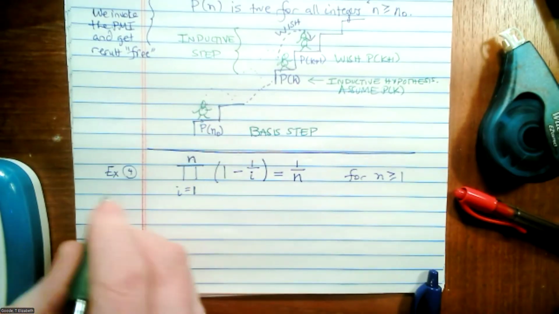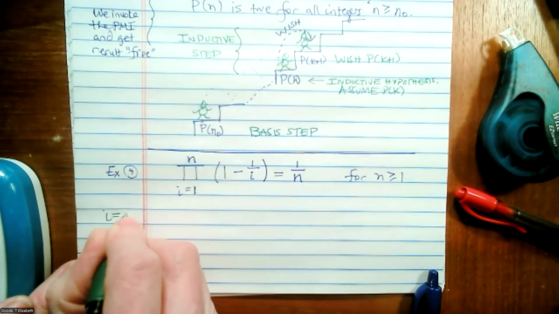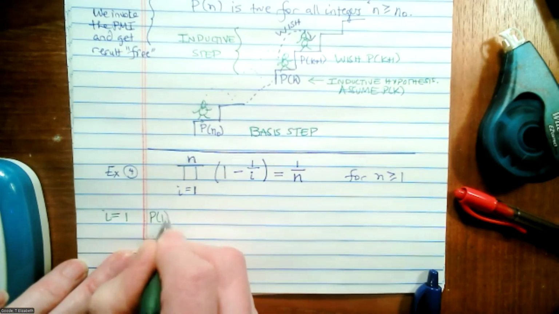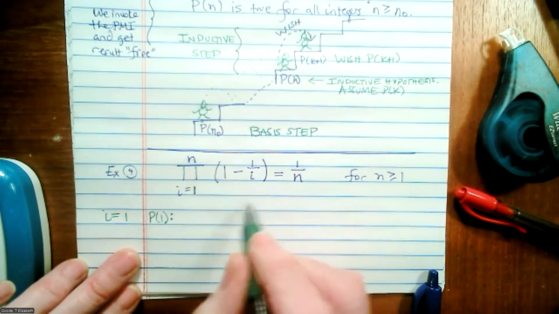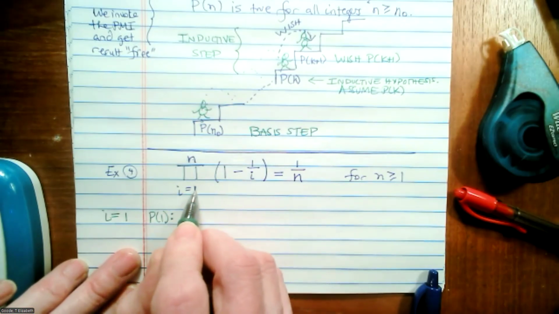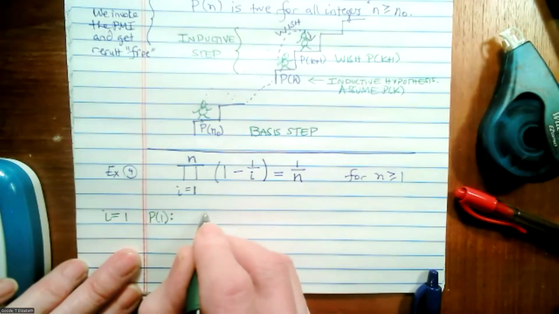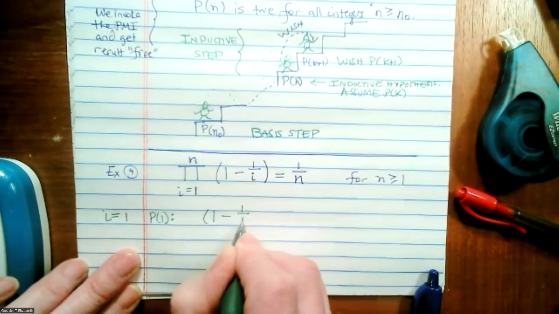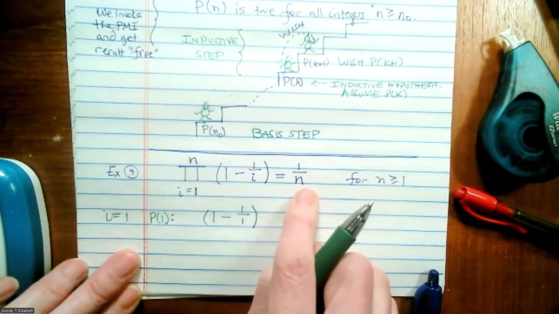So let's just take a look. When I is 1, P of 1 actually says, we just take the very first factor, when I is 1 and stops at 1. So we're going to say 1 minus 1 over 1. This isn't right.